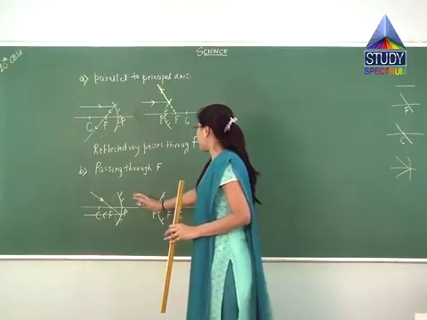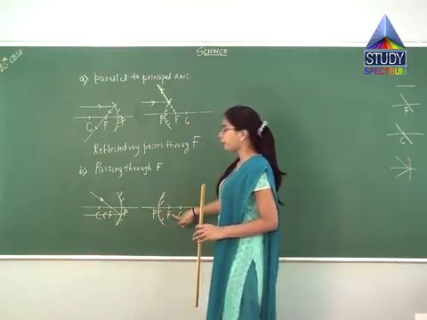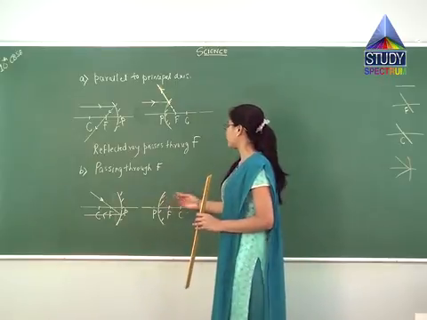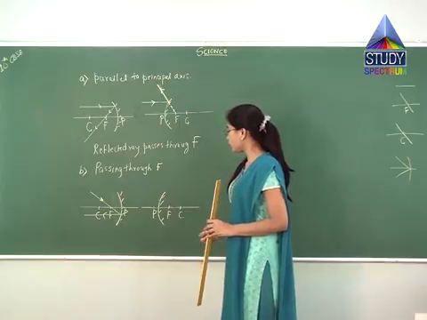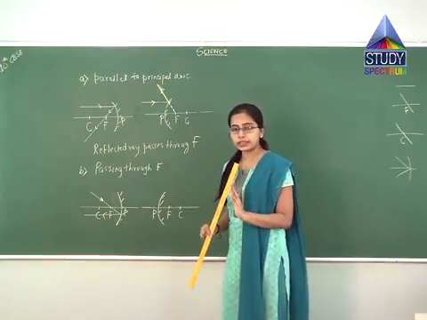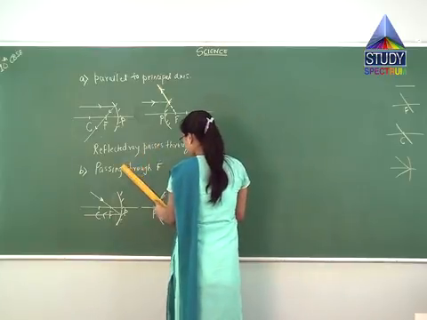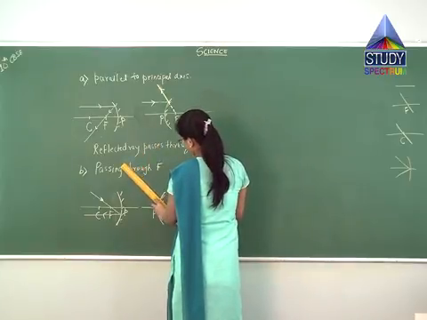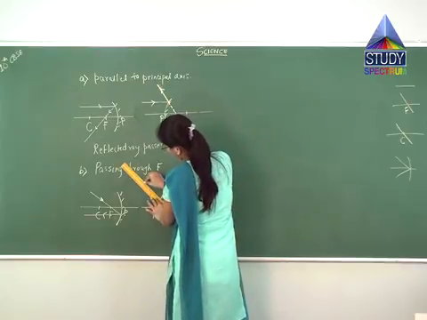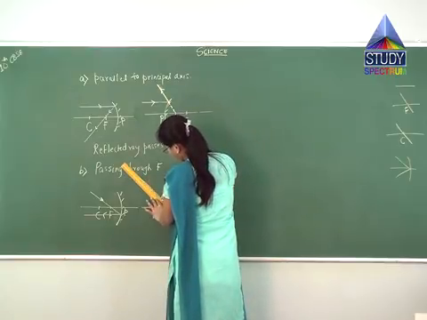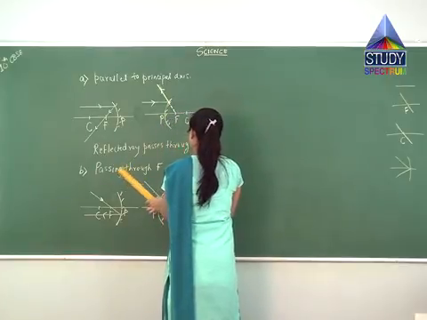Again for the case of a convex mirror, the focus is on the different side from the incident side. So you will draw the incident ray such that it appears to be passing through the focus like this.